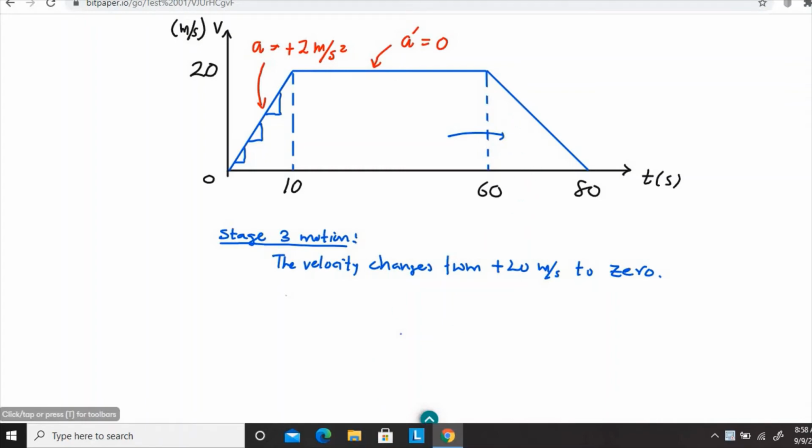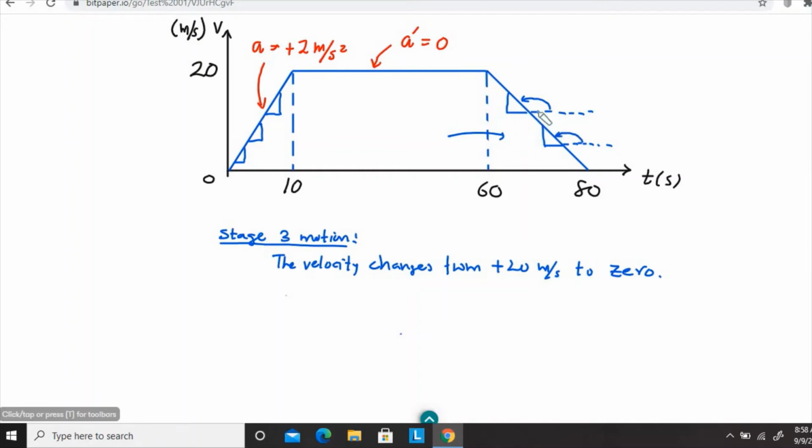The slope is again constant because it's a straight line, but this time the slope is a negative value because it makes a larger than 90-degree angle with the positive x-axis. If you look at this angle, this is larger than 90 degrees. That means you have a negative slope.